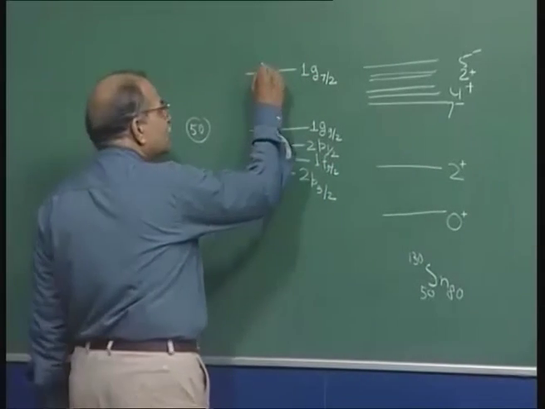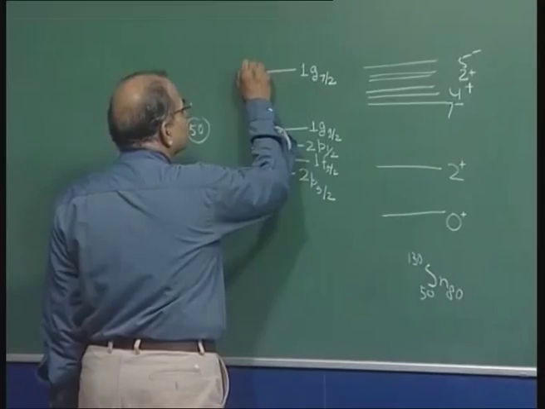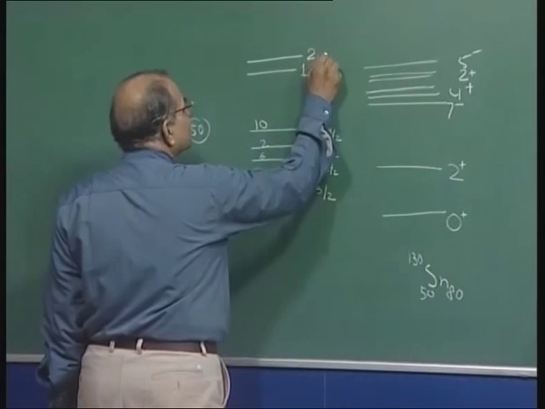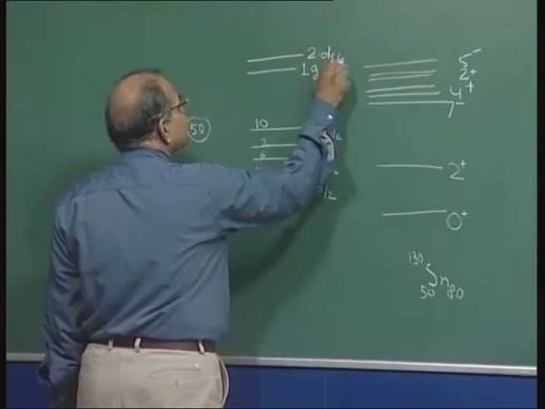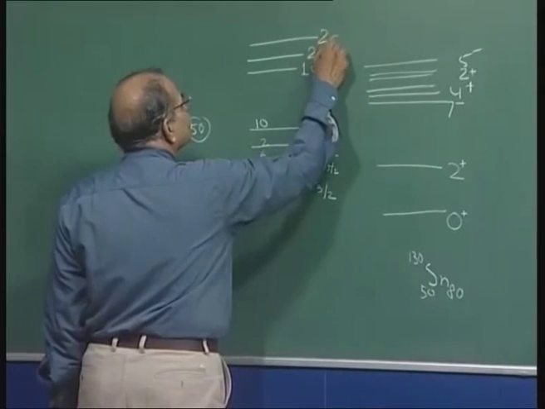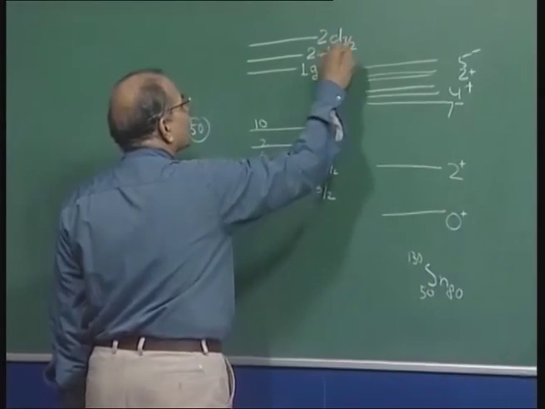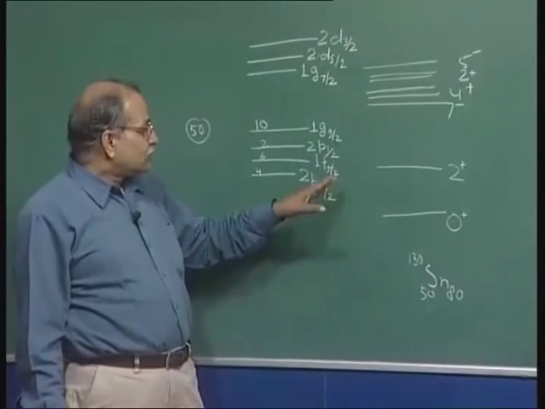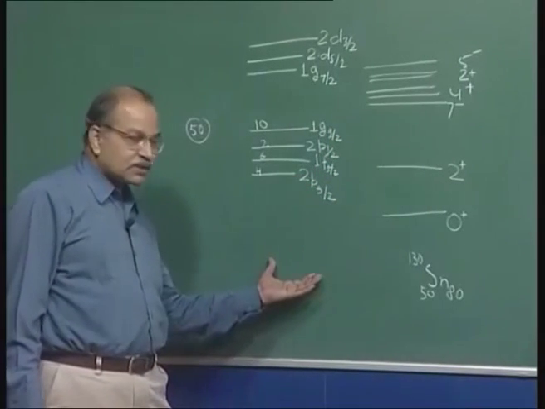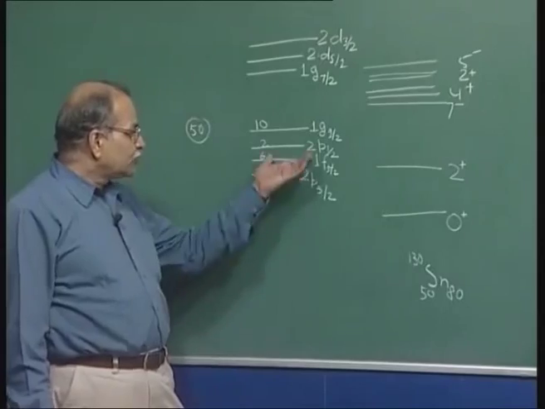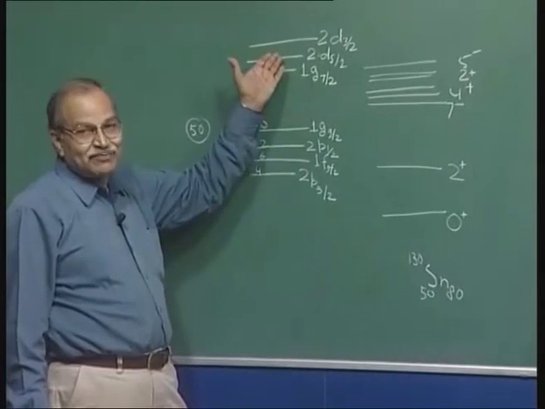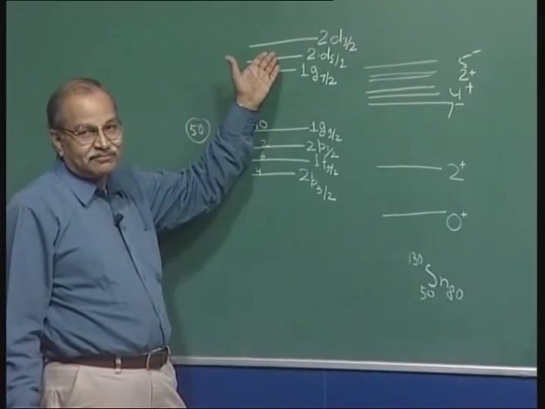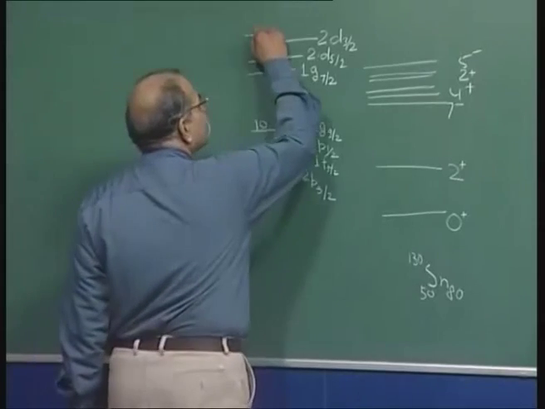So, 2d 3 by 2 and 2d 5 by 2, 2d 5 by 2 and 2d 3 by 2. So, 2 is over. Now, since 2s was introduced in this shell and 2p here, so 3s will come here, 3s half. So, 3s half will come here.